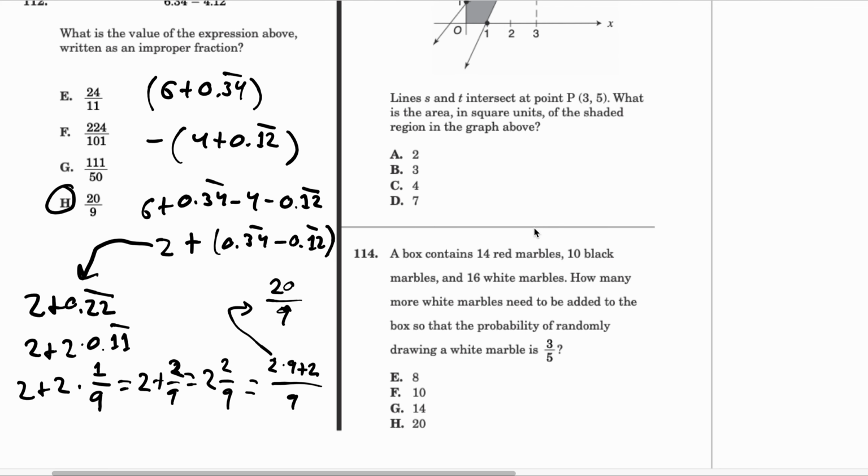Now, if you didn't actually know how to write 0.22 exactly as a fraction, what you could do is say, okay, this is approximately 0.20, and then here, let's erase some of this.